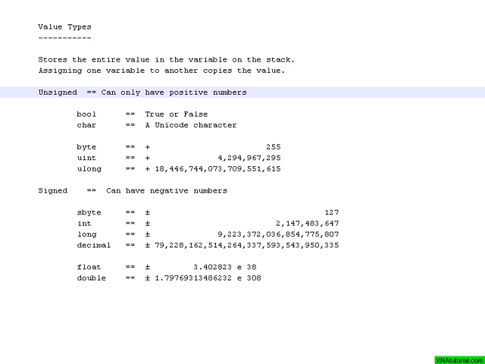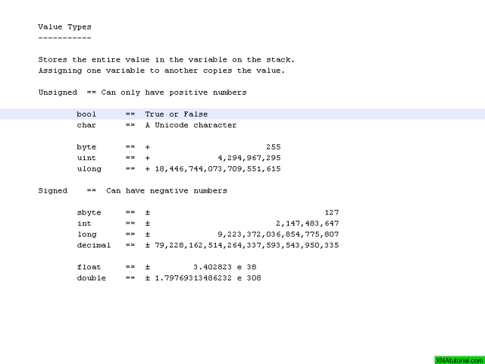There are two kinds. There's unsigned and there's signed. The unsigned ones cannot have a decimal, cannot have negative numbers, so they are only positive numbers. Boolean, for example, cannot be -1, it can only be 0 or 1, so it's true or false. The most common one to use among the unsigned ones is the Boolean.